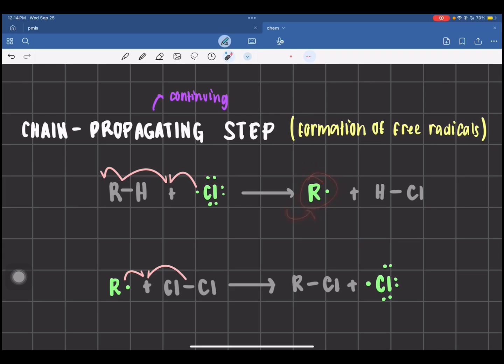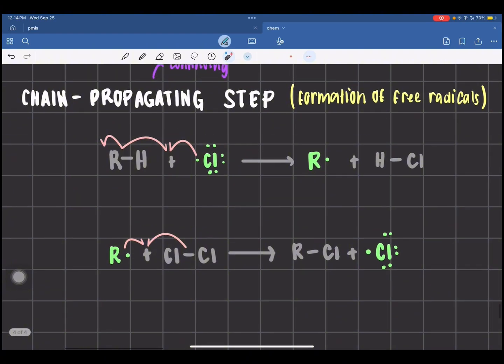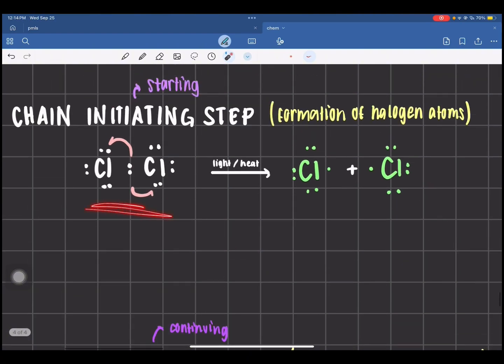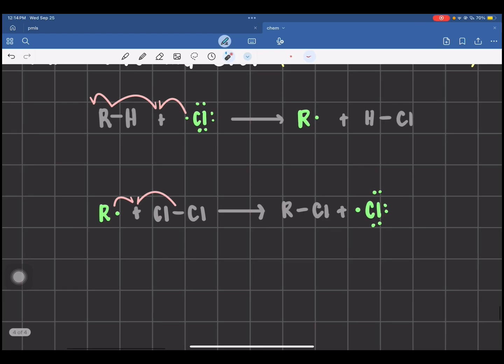So, ngayon, itong alkyl radical na to may also react with chlorine molecules, like this one na nakita natin. So, yung alkyl radical na to will give one of its electrons, and ito rin, galing sa bond na to, mag-give ng electron to form an alkyl chloride or an alkyl halide. Inaral natin itong alkyl halides sa previous lessons.